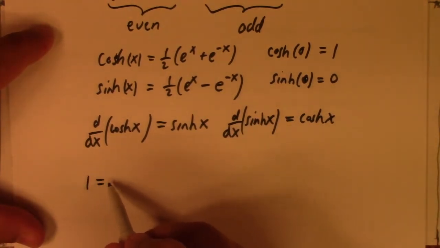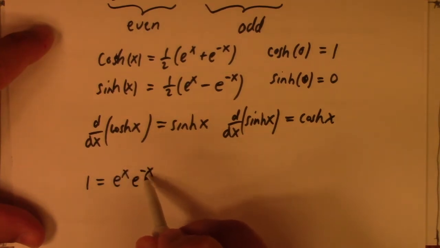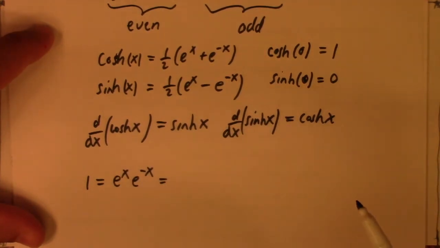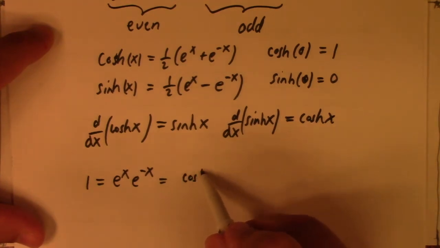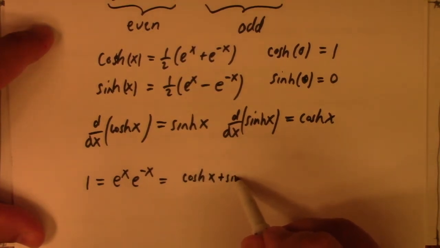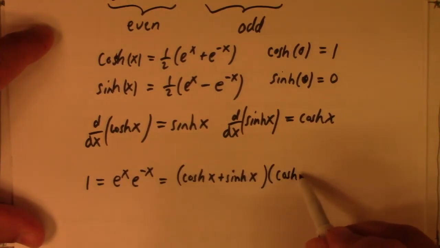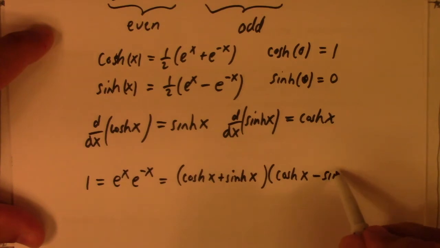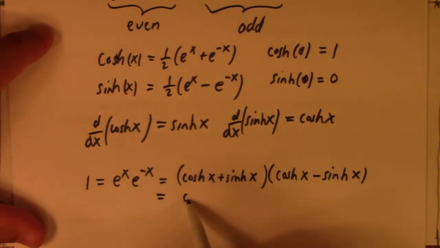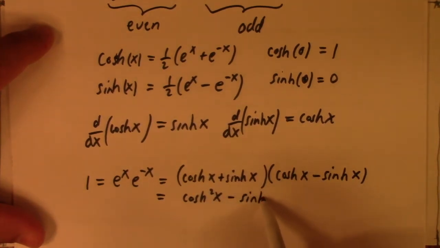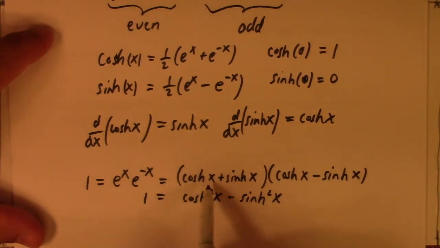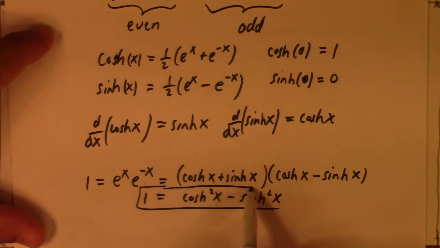So 1 equals e to the x times e to the minus x, right? And so that's (cosh x plus sinh x) times e to the minus x. And think about it, since sinh is odd, we can write e to the minus x as cosh x minus sinh x. Again, using that sinh is odd and cosh is even. And so that gives us cosh squared x minus sinh squared x because the cross terms cancel. And so I call this the Pythagorean identity for cosh and sinh.